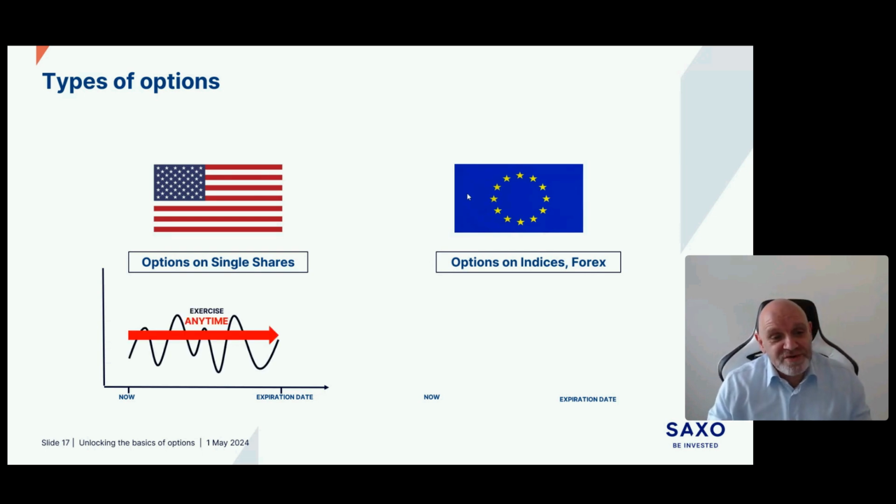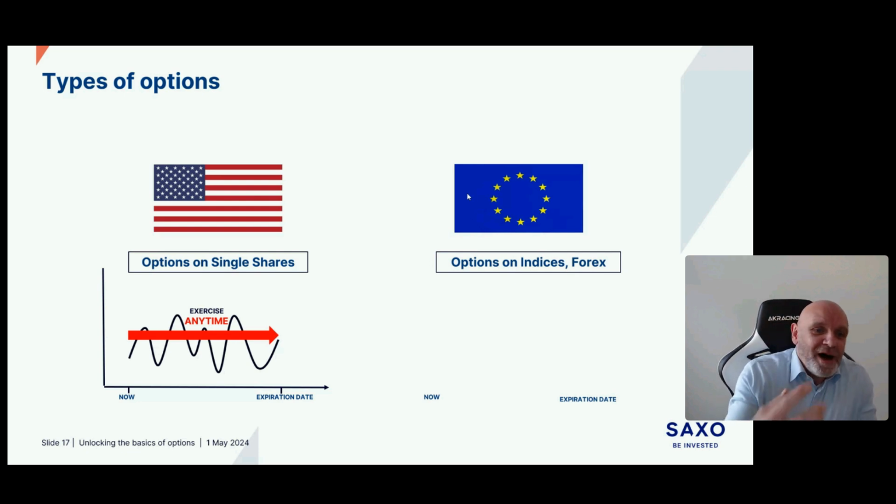As you can see in the graph, over time the option goes up or down, and any time before the expiration date, you can say, now I want to exercise my option. I want to really exercise the right I bought towards the person who sold me that option.